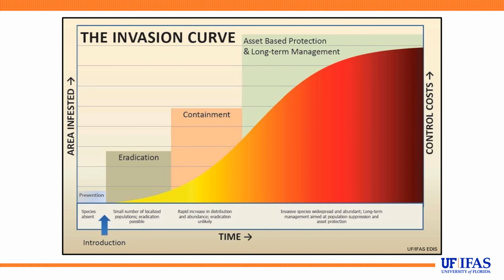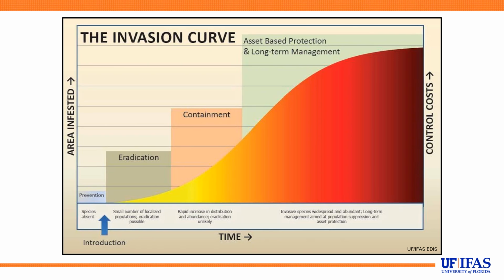Let's say time passes and the containment attempts failed, unfortunately. The invasive species is now widespread, and there are just too many individuals at this point. At this stage of the invasion curve, the goal is called asset-based protection and long-term management. This costs the most and is the most difficult option, but it's the last resort.